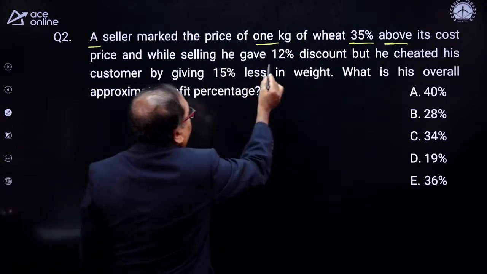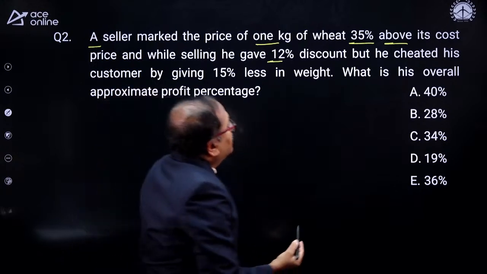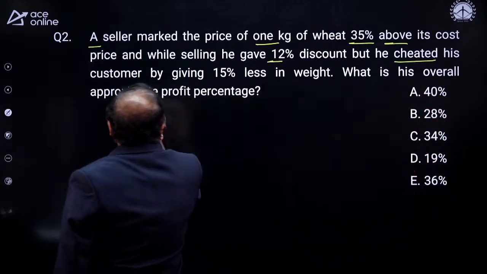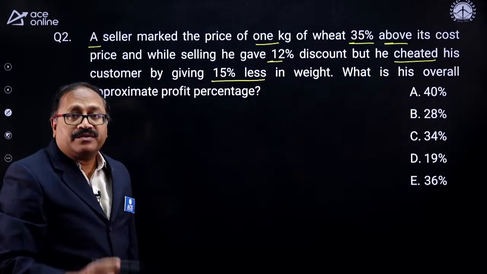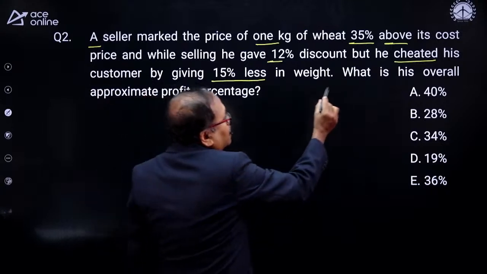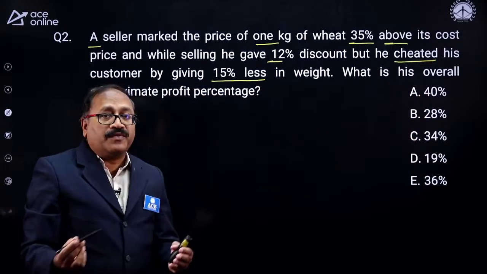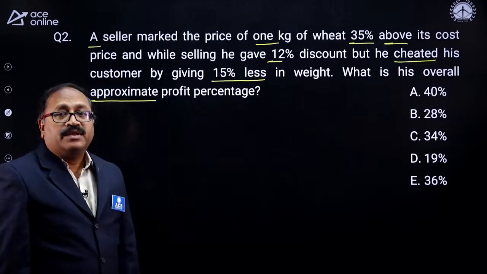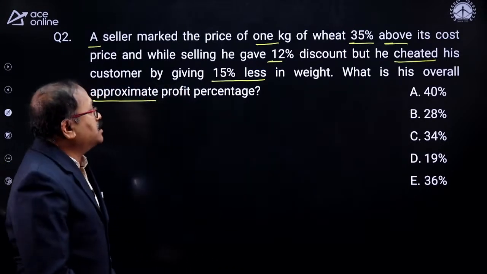And while selling, he gives 12% discount, but cheated his customer by giving 15% less weight. Now, what is the overall approximate profit percentage? They use the word approximate. It's a very frequently asked question.